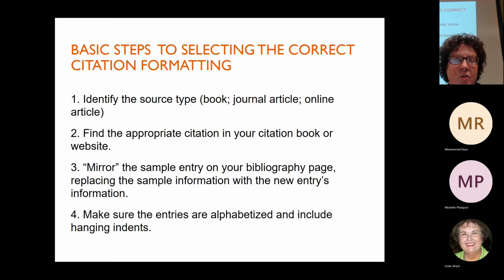So you're going to mirror that sample outline entry, replacing the information with your source's information. So it says author, last name, comma, first two initials. You're going to go to your source and find the author's last name, type it in, just like it says how to type it in.